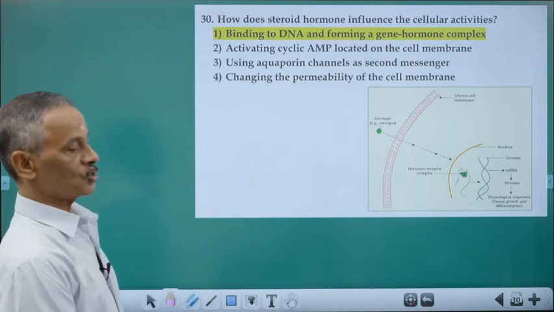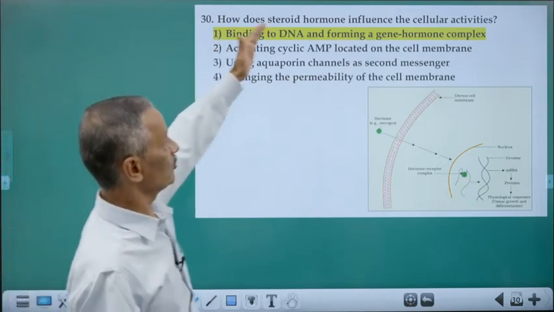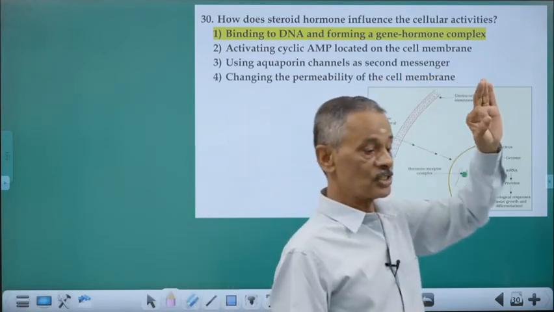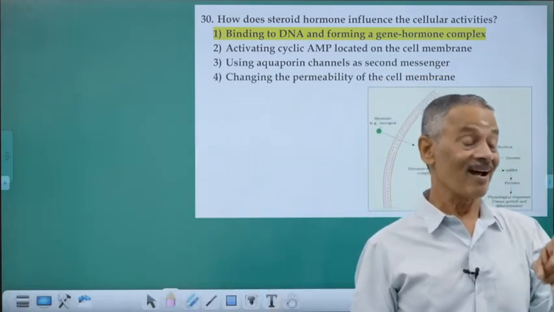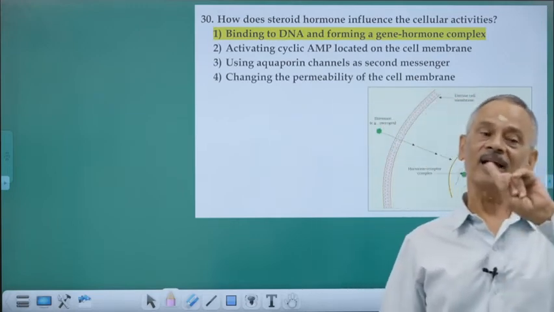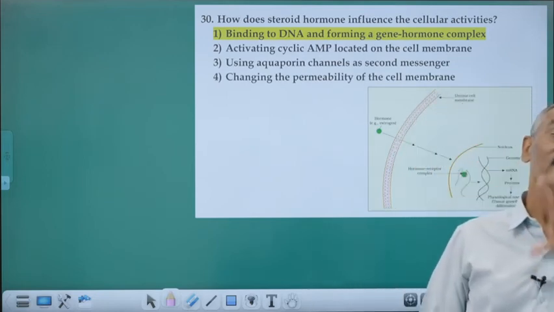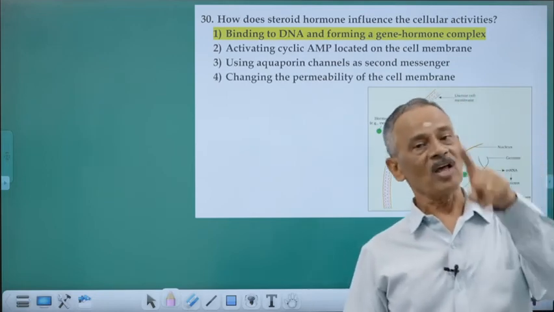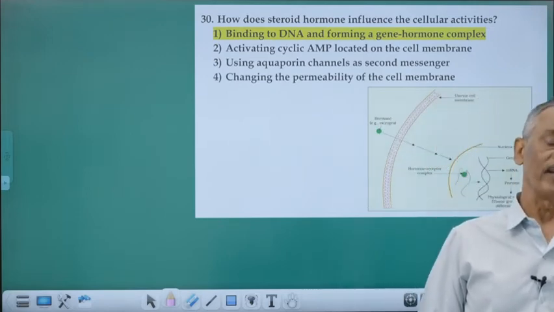And coming to the last question of the day: how do steroid hormones influence the cell? Remember, steroid hormones are fat soluble, lipophilic and hydrophobic, not soluble in water. The plasma membrane allows only fat-soluble materials to enter.